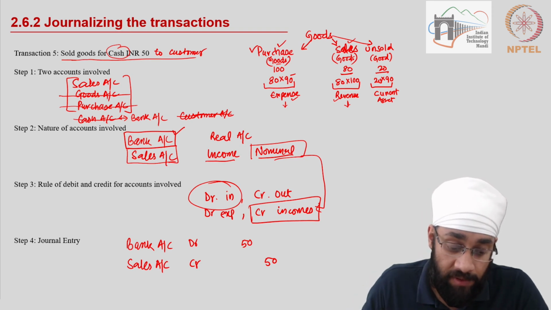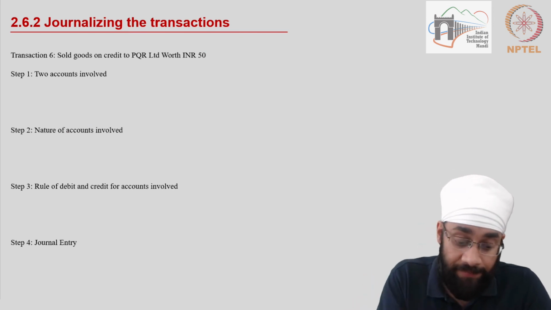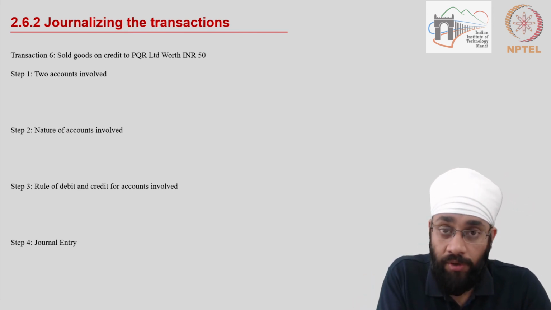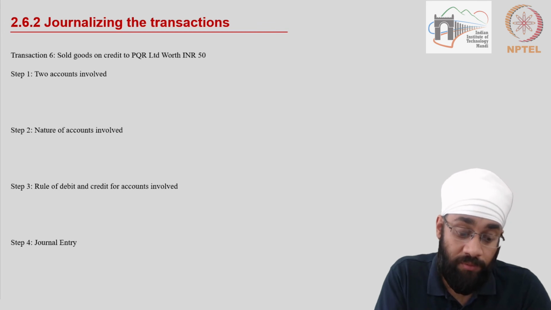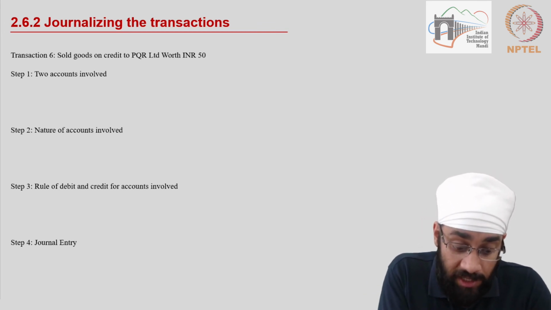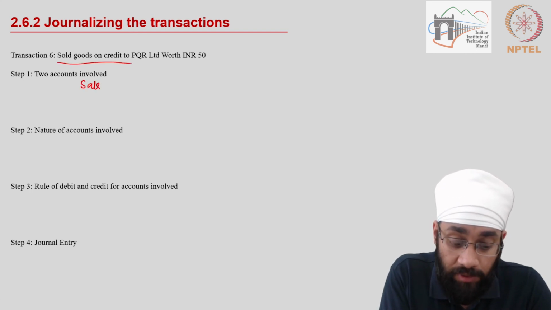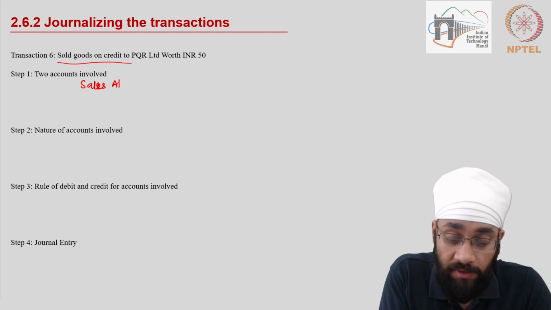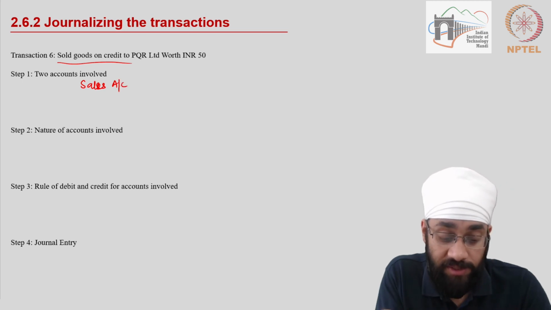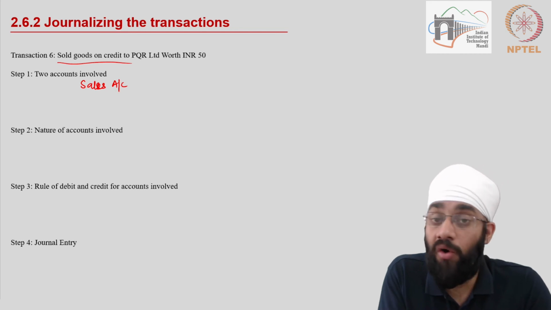Let me take another transaction of sales where you do sales on credit. When you sell goods on credit, I'm going to put out less options now, be more refined in my approach. I know that whenever you sell goods, a sales account is involved. This represents the goods that are being sold, and goods are being sold on credit.